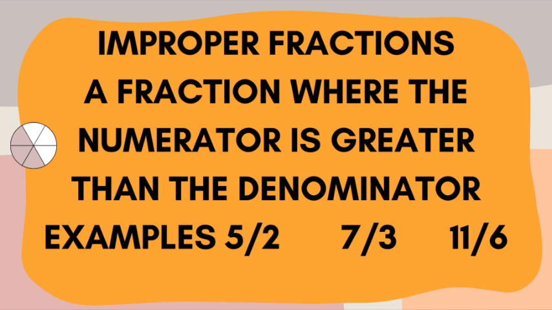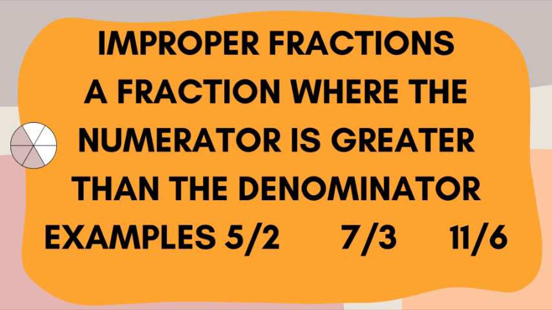So the denominator is less than the numerator. For example, 5 over 2. Remember, the denominator is at the bottom, and 2 is smaller than 5. We have 7 over 3 and 11 over 6. So as was mentioned at the beginning of class, improper fractions can be changed into mixed fractions.